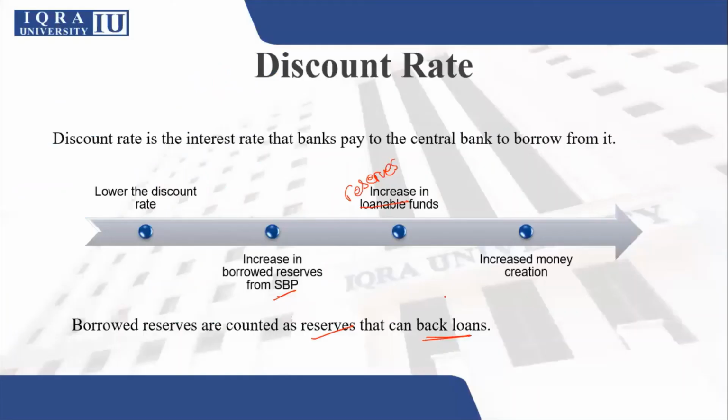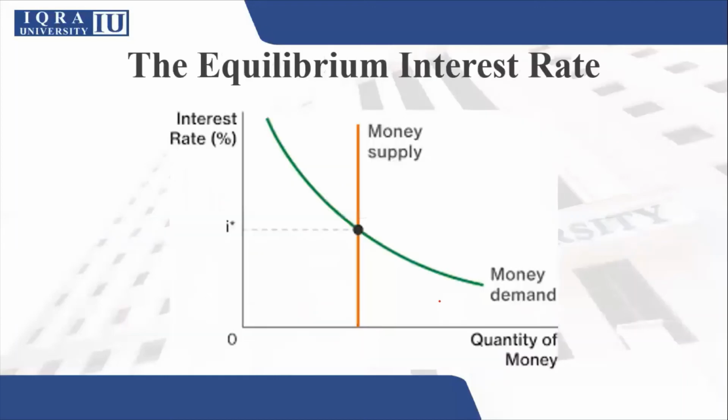That is what we're going to discuss now, how both of them are connected, and for that we're going back to the original graph that we had studied. We have already studied that the interest rate and the quantity of money demanded have a negative relationship, because as the interest rate increases, people tend to save more because they will get higher income if they save, and when the interest rate goes down, they are ready to consume more of the money, and therefore the demand increases.